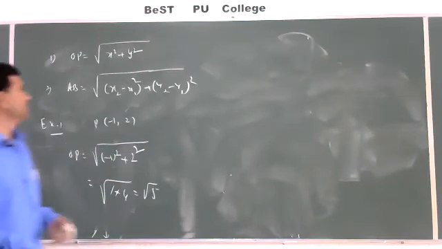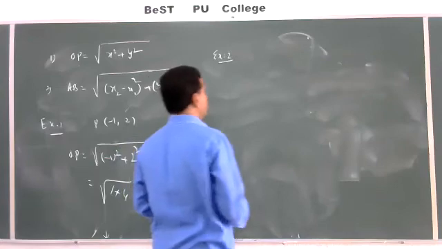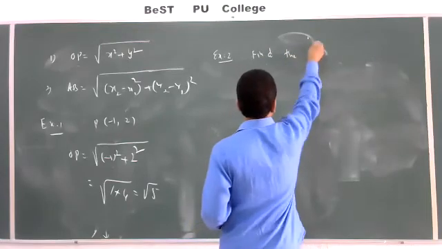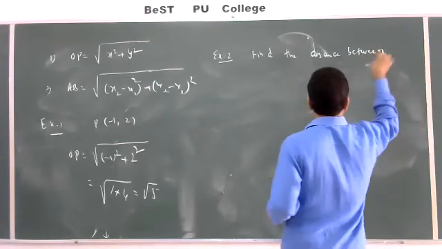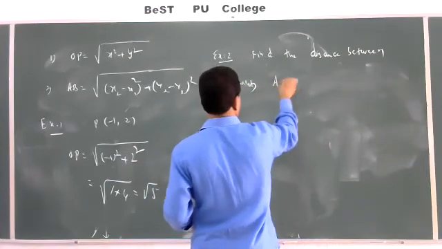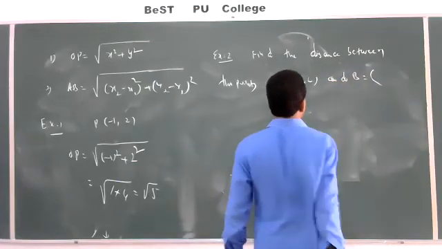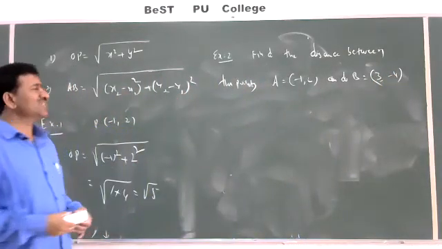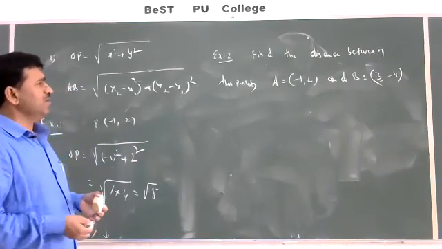Distance between 2 points. Example 2. Find the distance between the 2 points A(minus 1, 2) and B(3, minus 4).